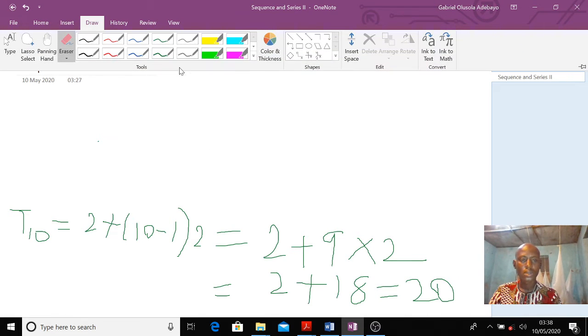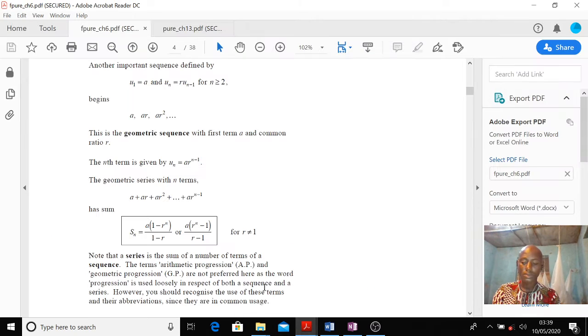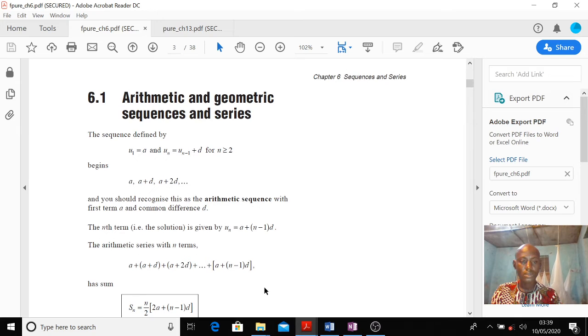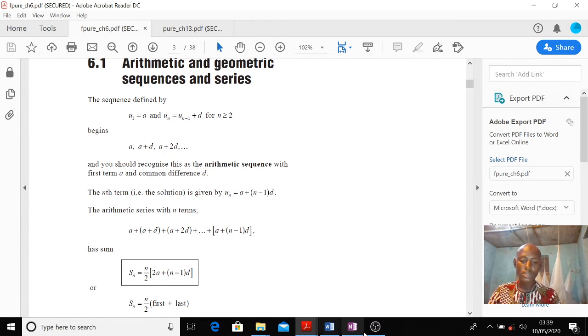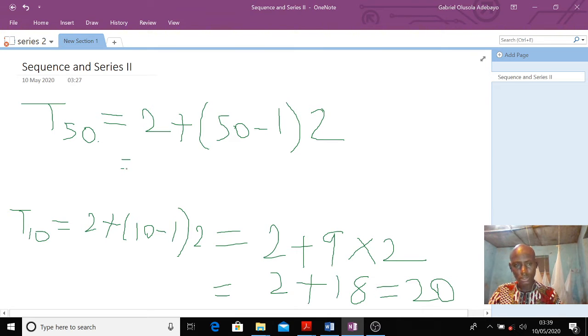When you look at the arithmetic progression, if you want to find the 50th term, just say T50 is equal to 2 plus 50 minus 1 times 2, which is 2 plus 49 times 2.